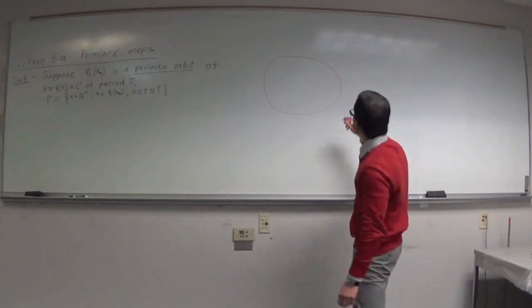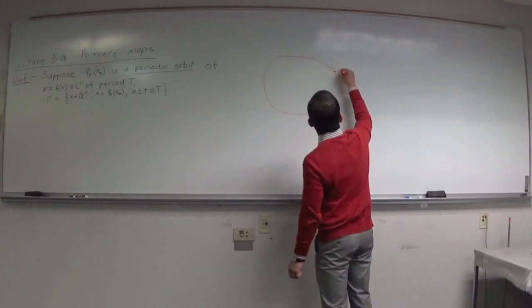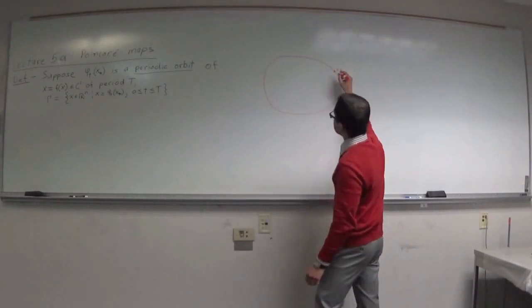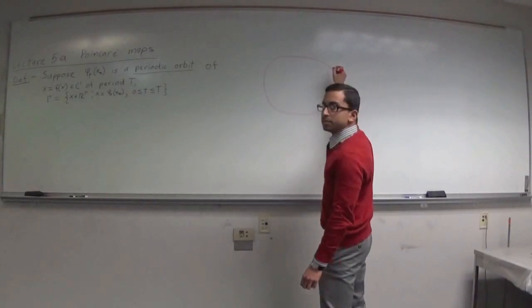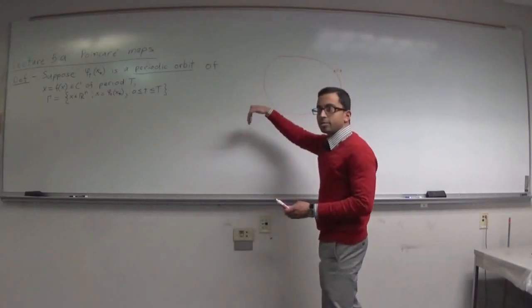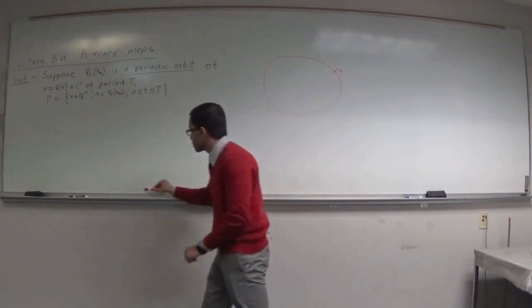And let's call this x star. We're flowing this x star around for time t equals big T, and that will capture this entire periodic orbit. So that's what a periodic orbit is.